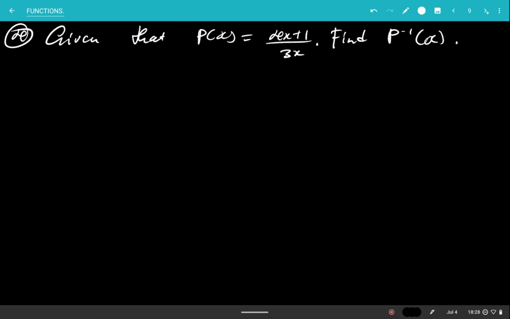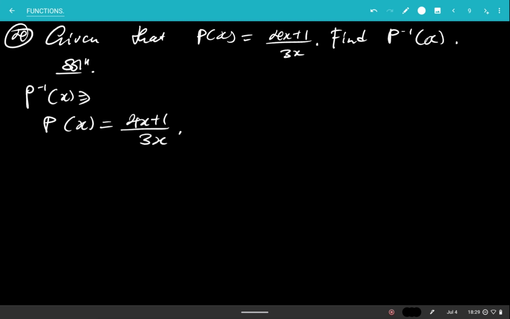Alright, so all you're supposed to do here is to understand what we're looking for. We're looking for p inverse of what? X. That's what we're looking for. Now the function that defines the inverse of p is the p function, which is p of x. Alright, properly p of x, which is equal to 4x plus 1 over 3x.